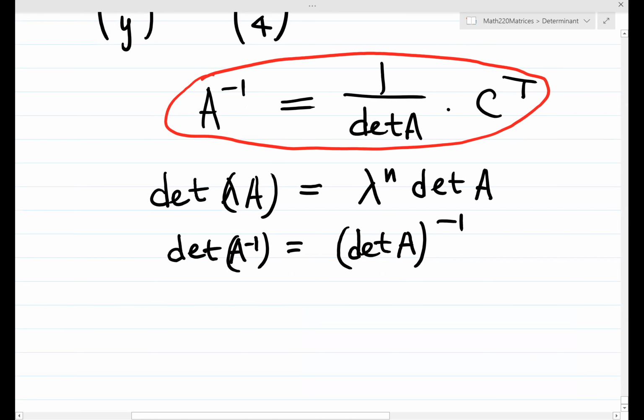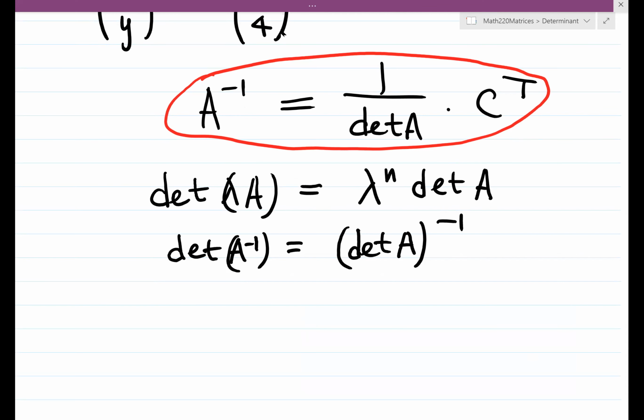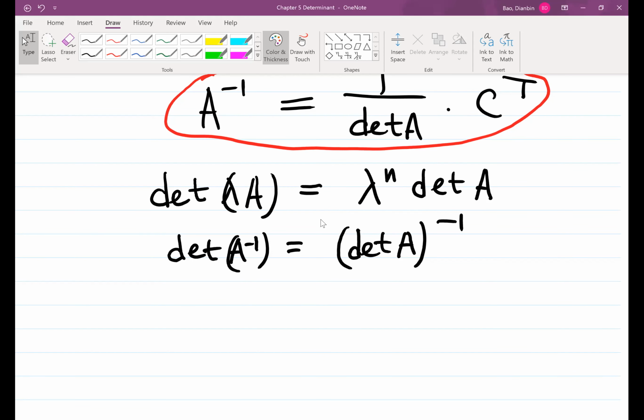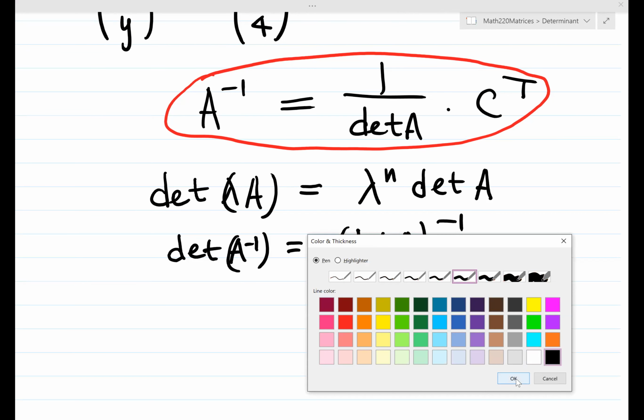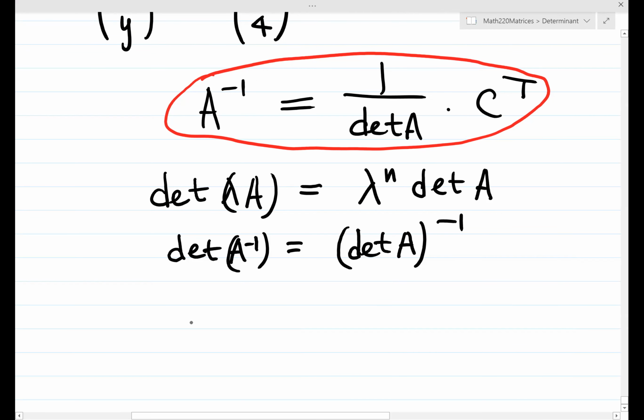The two matrices should be equal, so we can take the determinant of both. On the left side we get the determinant of A inverse. On the right side we get the determinant of the expression.